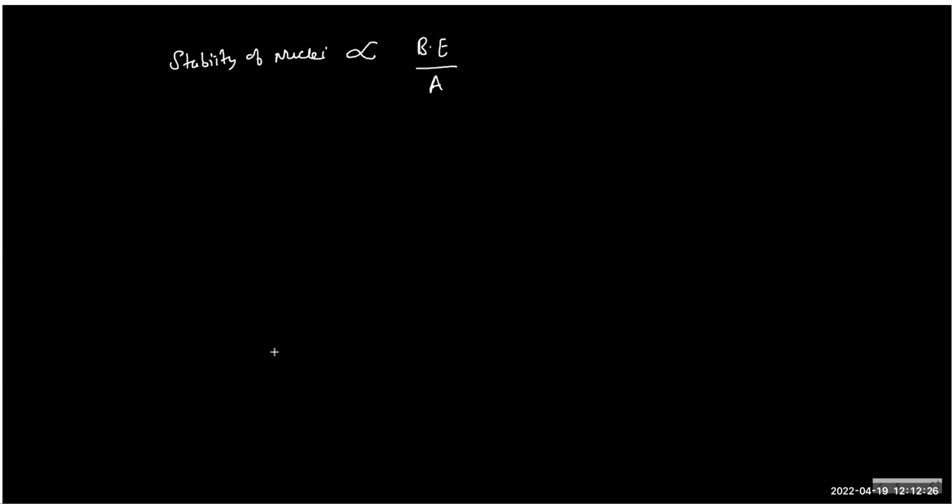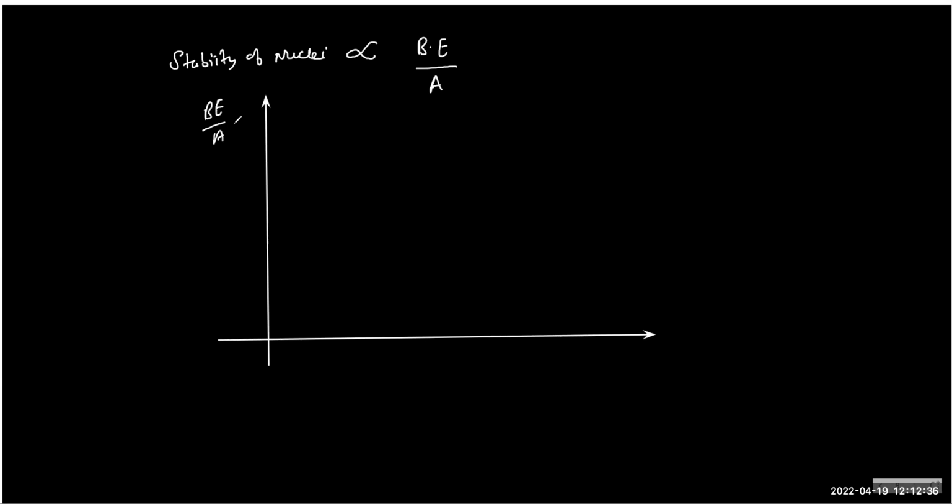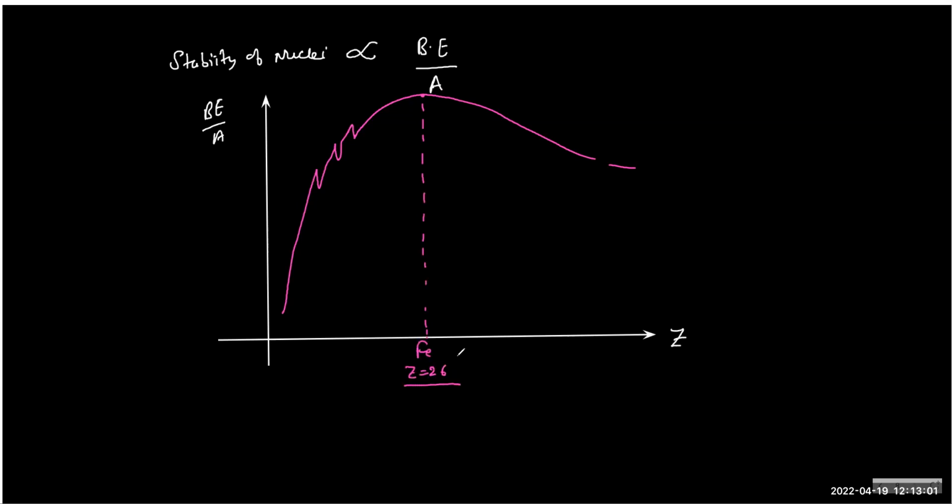And if you plot the graph of binding energy per nucleon versus Z, it goes something like this. The most stable nucleus you will find is iron, which is Z equals 26.